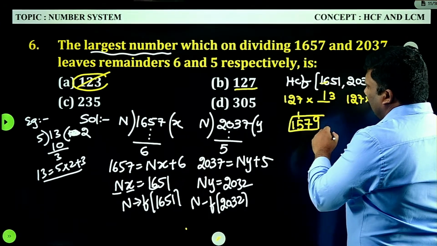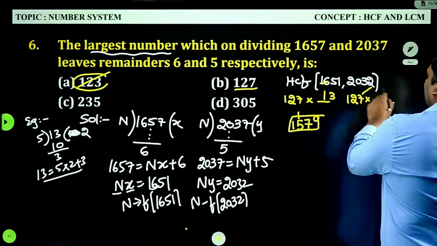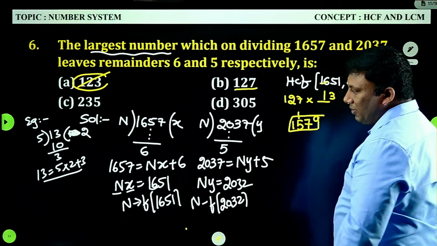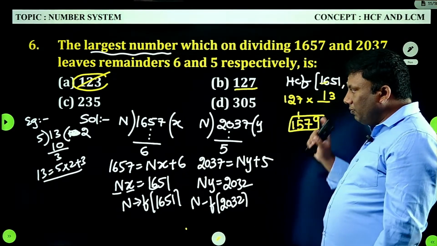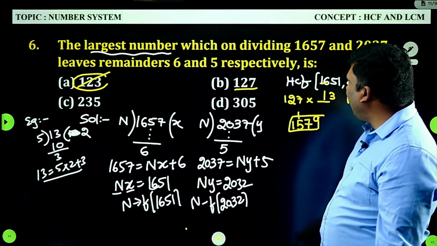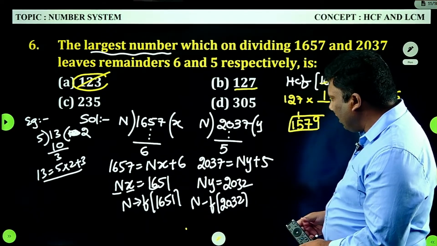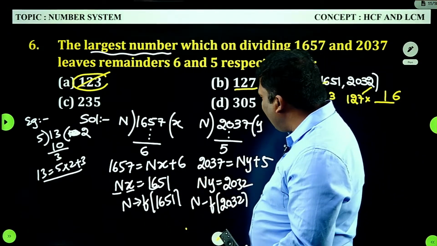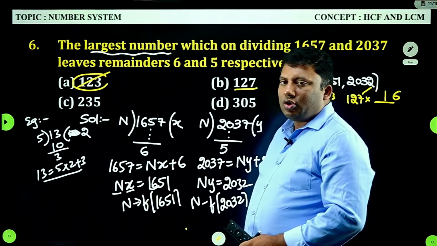Next one. 127, 7 sixes are 42. Check it out for these numbers. Doing this might take a little time. I hope the idea is clear. The answer should be a factor of 1651 and a factor of 2032.